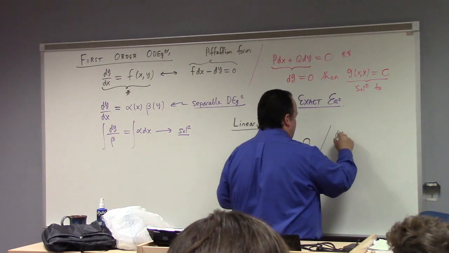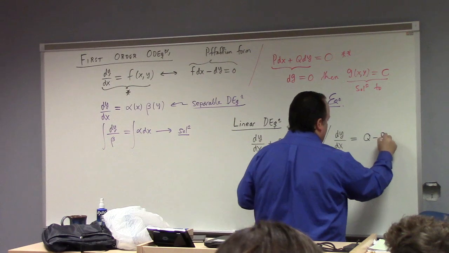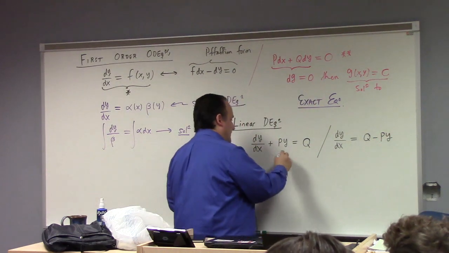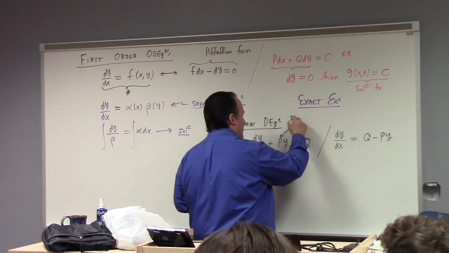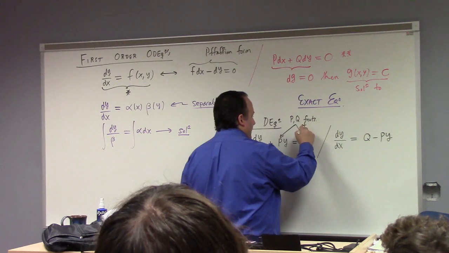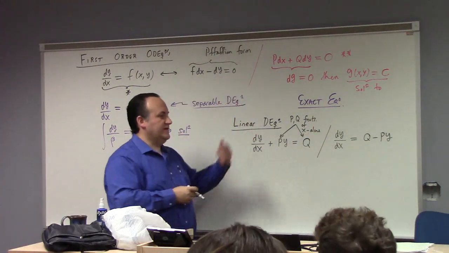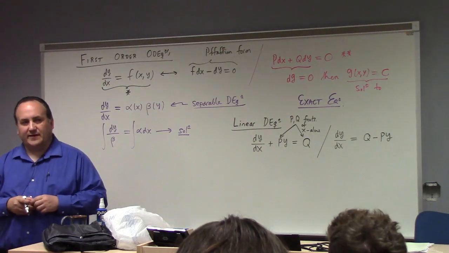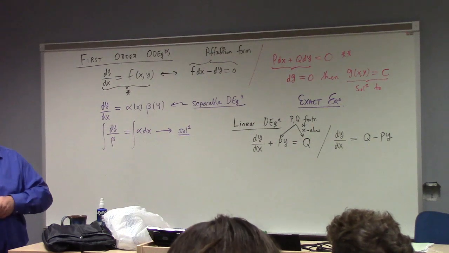First of all, we get dy/dx equals q minus py. Now here, I should emphasize the p and the q are functions of x alone, all right? So if you were to solve dy/dx equals q minus py, can you write it as a product of a function alpha and beta?